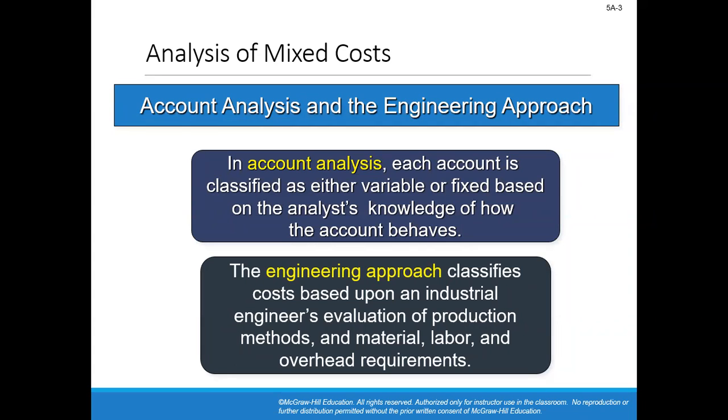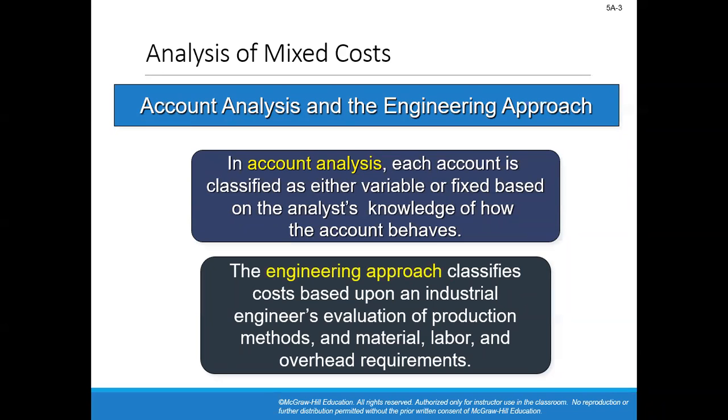However, the approach of classifying or identifying cost by an industrial engineer is different. He or she wants to look at the production methods, the material, labor, and overhead requirements, and based on this, he or she classifies the cost.